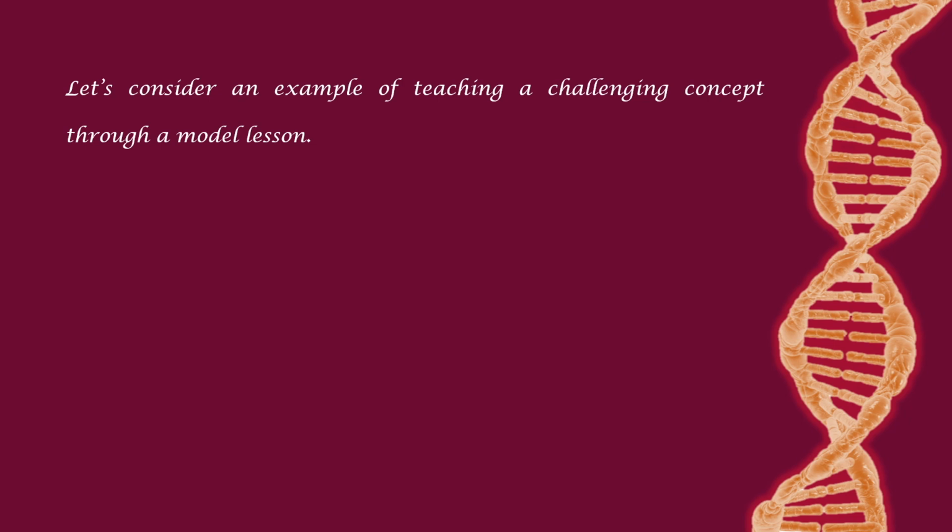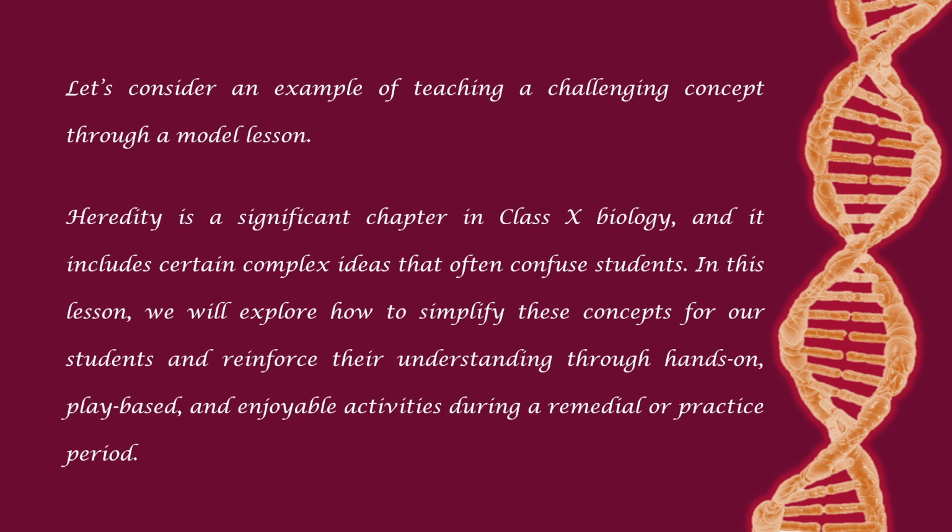and our educational system. Now let us consider an example of teaching a challenging concept through a model lesson. Heredity is a significant chapter in class 10 biology, and it includes certain complex ideas that often confuse the students.